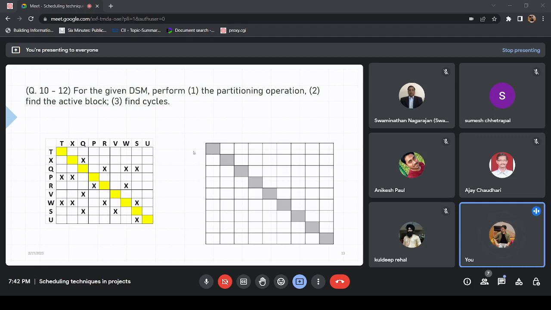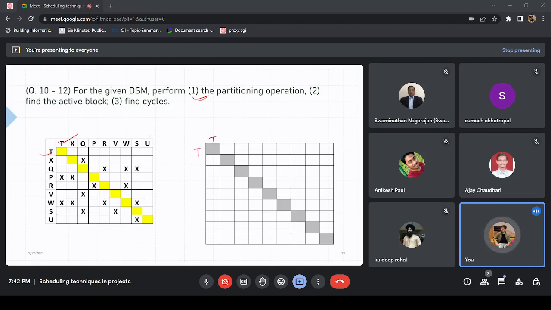So let's do it step by step, like what is supposed to happen. First of all, partitioning operations. Partitioning operations means looking for empty rows and columns. I won't even be putting the cross marks now. T is your empty row, so T will come first.